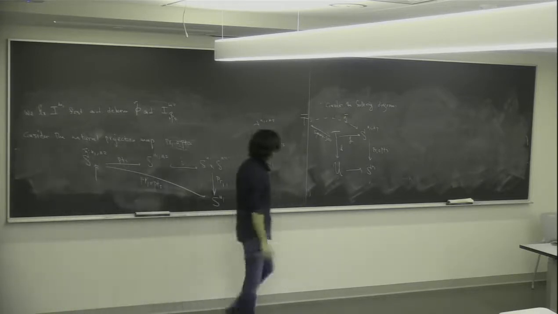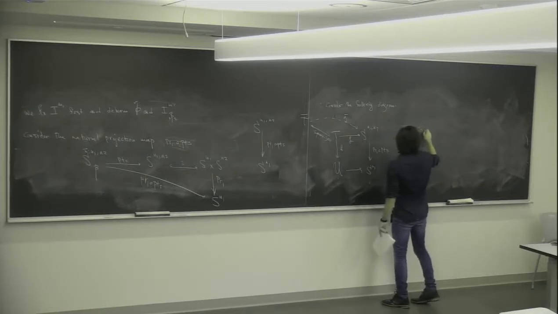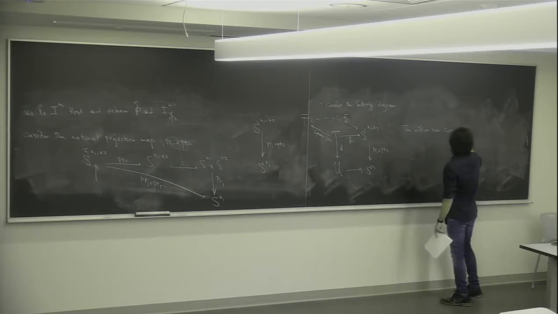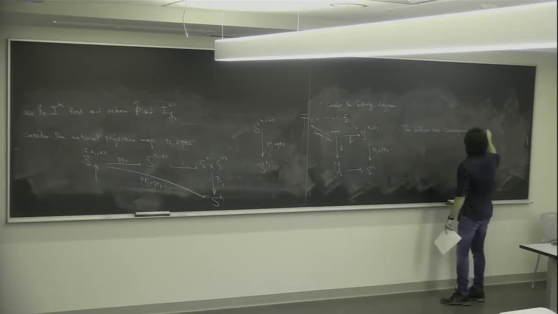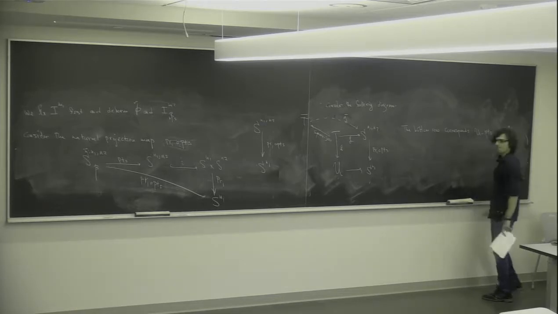What does this diagram mean? The bottom row corresponds to the U points of the Hilbert scheme of points.